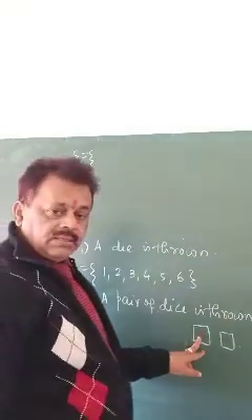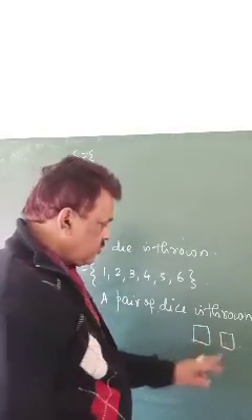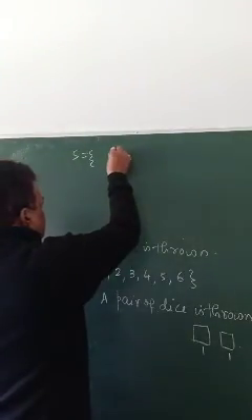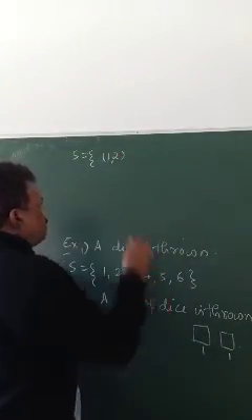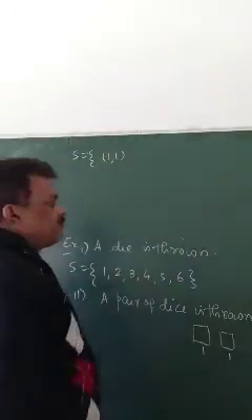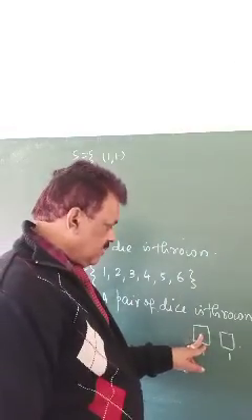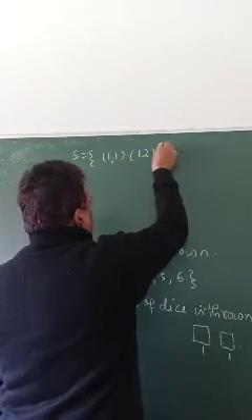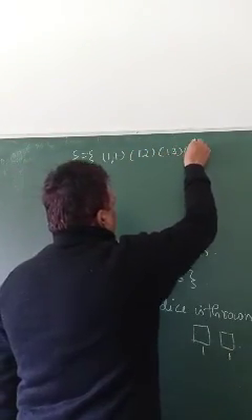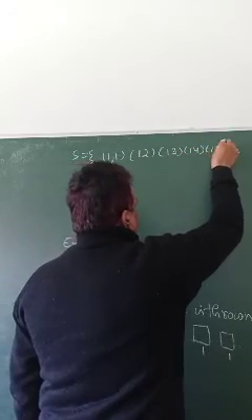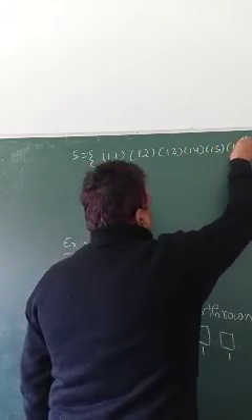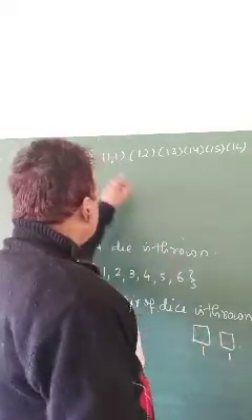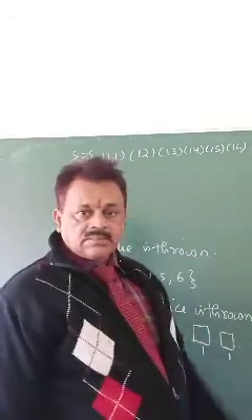Suppose the first die is showing 1 and the second is showing 1, so it will be 1, 1. First is showing 1, second is showing 2, so it would be 1, 2. Similarly 1, 3, 1, 4, 1, 5, 1, 6. If the first die shows 1, there are 6 possible cases.